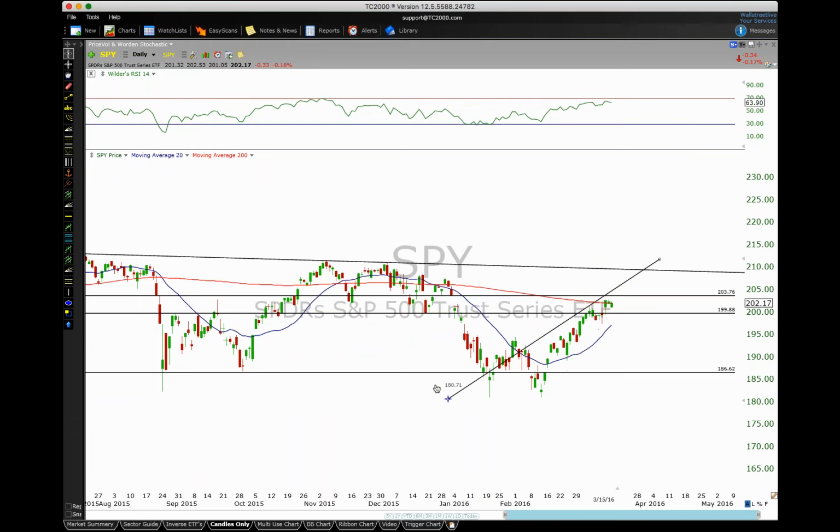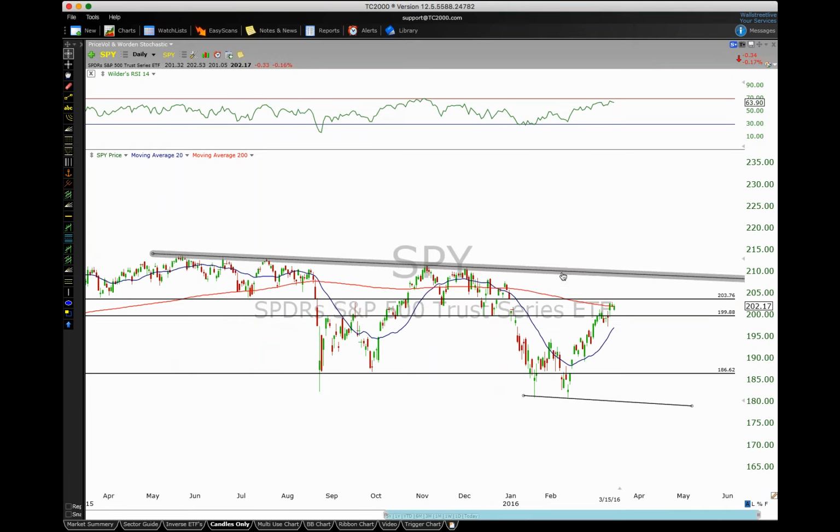Now, something else to be aware of on SPY is when we do start to reverse, because we are going to reverse soon, and that's why I want to show the reversal side also, is that this is our trend line to the downside right now. The trade pattern is basically, here's your high, and here's your low. Taking everything else out of the picture, that's exactly what it is.